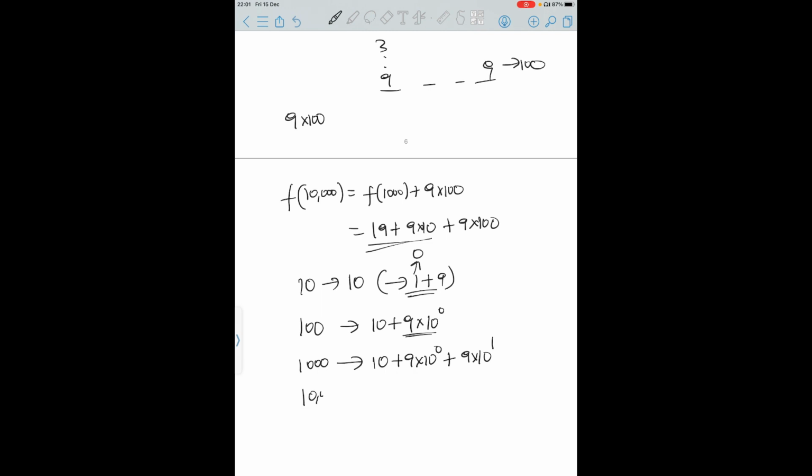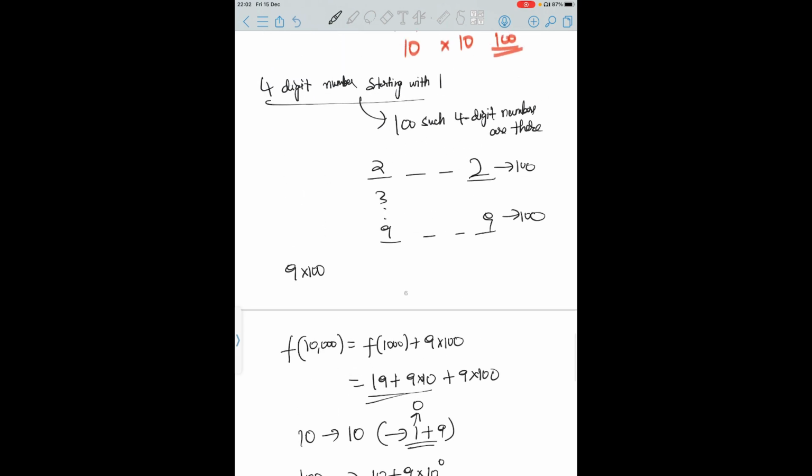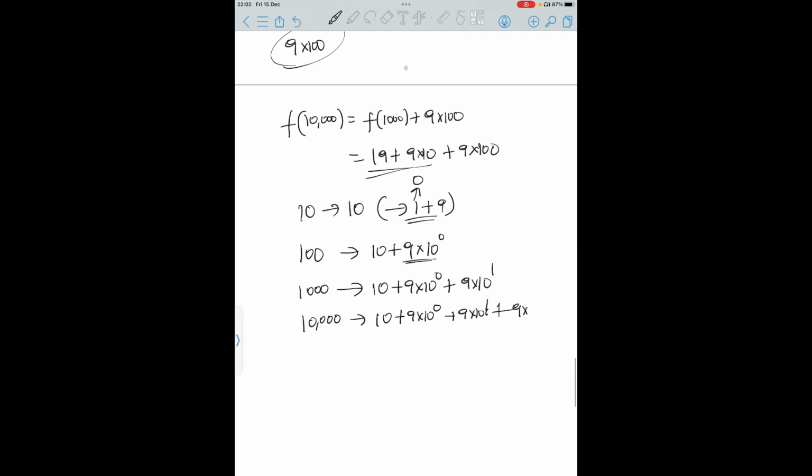For 10,000 we saw the number of such 4-digit numbers is 900. 900 can be written as 9 times 10 squared. So there are 2 zeros here, and what we are doing is, let's say, a function p.